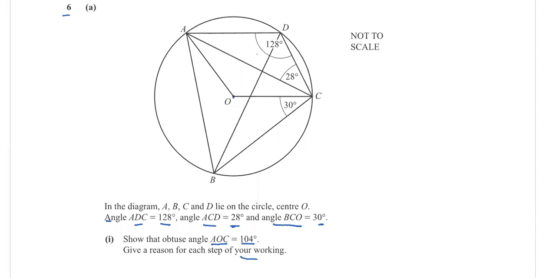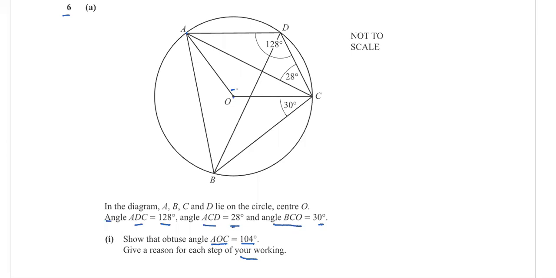Now, I know that the angle at the center is double the angle on the circumference, but within the same sector. So if I take this chord AC, this chord AC is making an angle of 128 degrees here. But this one is on the other side.